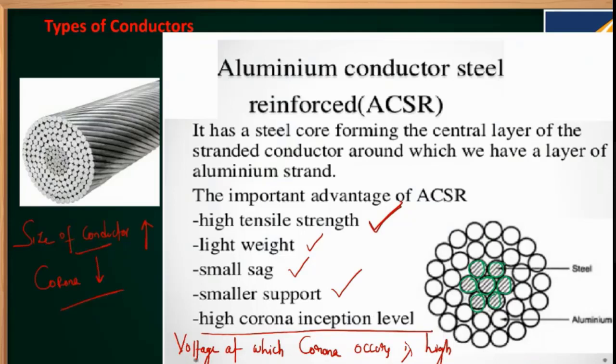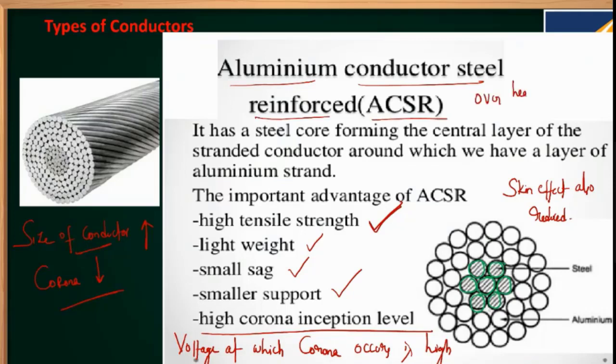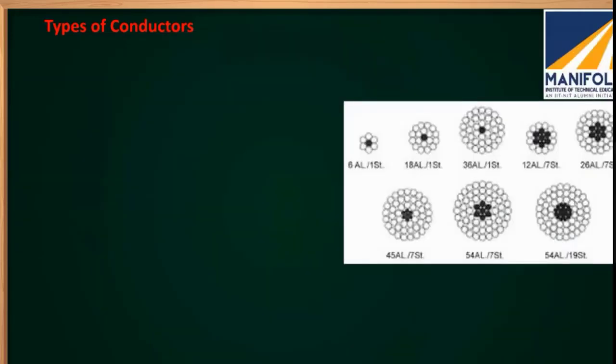So the addition of steel strands in between offers more mechanical strength and increases the overall size of the conductor, with which the two advantages that we get are that corona is reduced, and even to some extent skin effect is also reduced. Okay, this is about the ACSR conductors. This is the most widely used overhead transmission conductor all across the world.